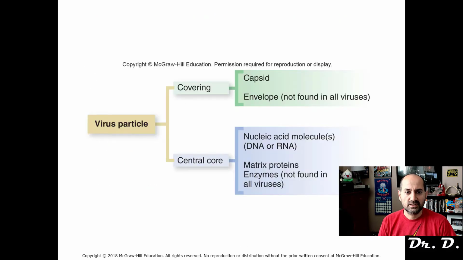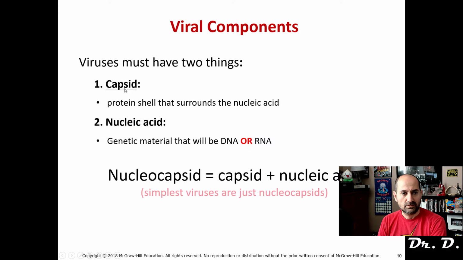So you've got the nucleic acid, and that nucleic acid could be either DNA or RNA based, and then you've got the capsid, and together that constitutes the virus particle or nucleocapsid. Again, the capsid is the protein shell around the virus, and then you've got the nucleic acid, which means the genome.